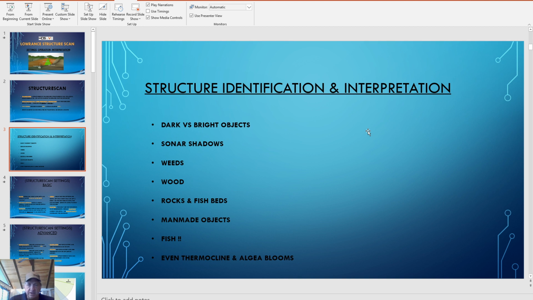And in some cases, I don't have any slides of it here tonight, but I've done some videos on my Facebook page and my YouTube channel where we could actually see the thermocline and in some cases algae blooms. So all of these things are subjects of interest when you're using structure scan, specifically side imaging and down imaging, when we're in the process of looking for fish holding cover and fish.